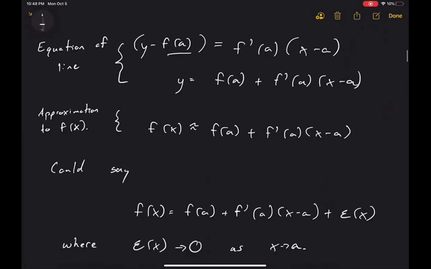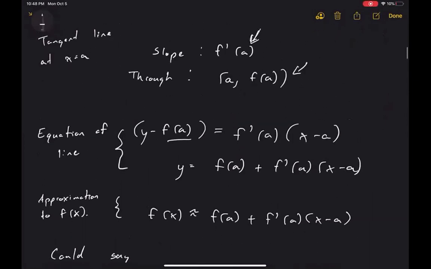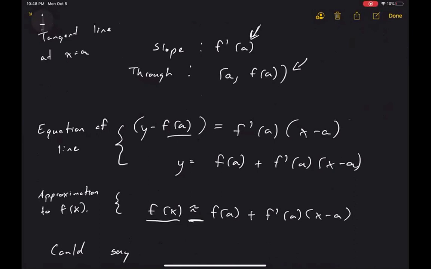Let's just replace y with f of x, and now we don't have an equal sign, because it's just an approximation. So we have f of x is about equal to f of a plus f prime of a times x minus a. So we have this approximation here.